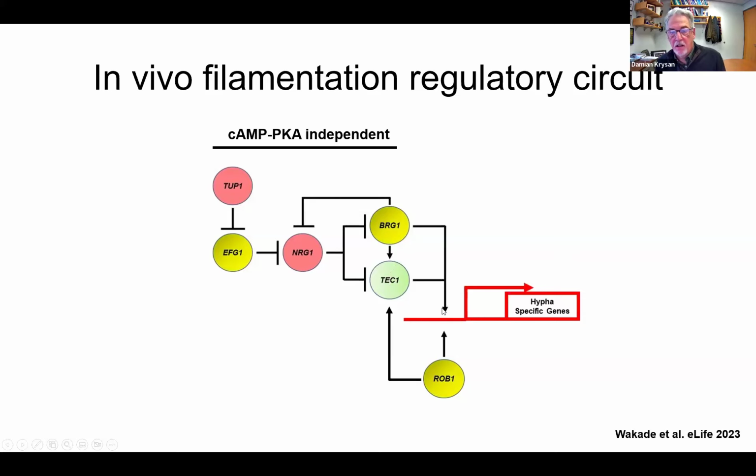And so this circuit is slightly different in some fairly important ways from what we have gleaned over the years from in vitro analysis. One of the things we're looking into in the future is trying to understand what protein kinase signaling pathways are driving this, and what are the other intricacies that are specific to in vivo filamentation.